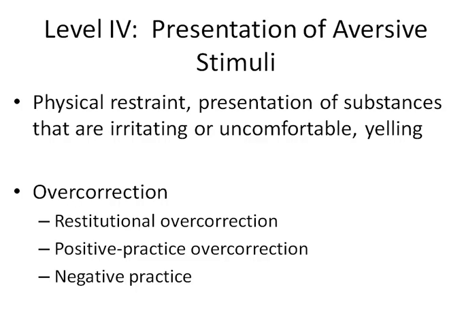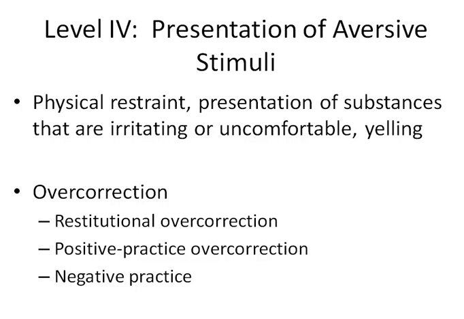Positive practice overcorrection means that if you engage in a negative behavior, then what you need to do is engage in multiple trials of practicing the right response. So this is used in toilet training a lot.